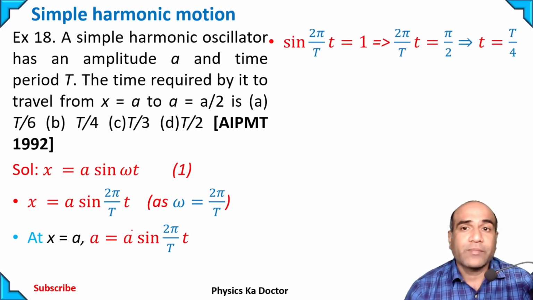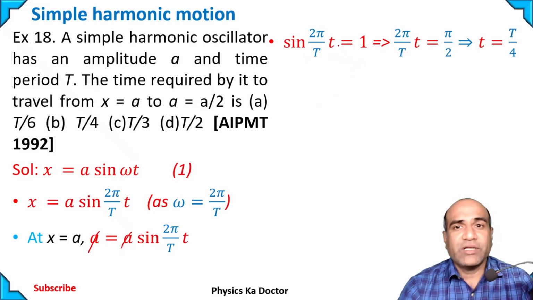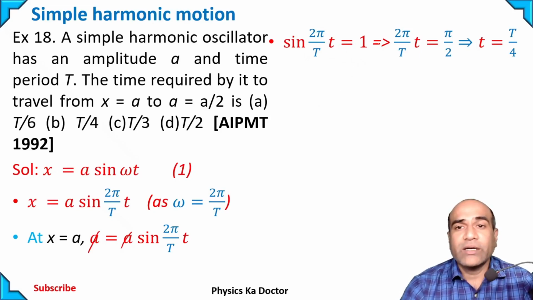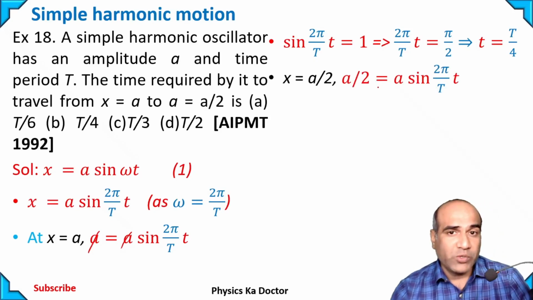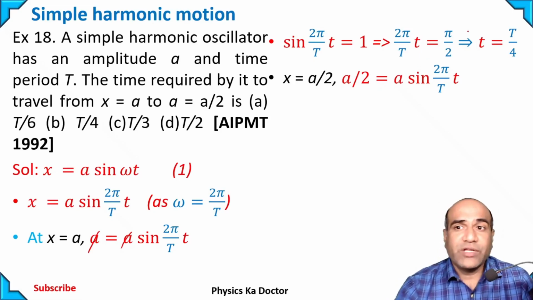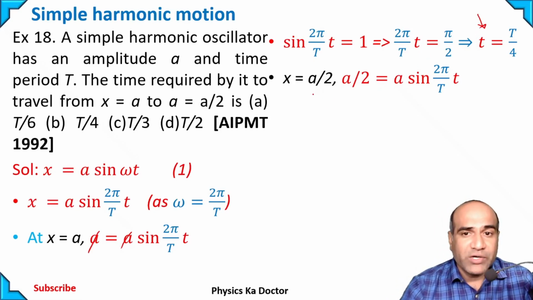Let's put it here, so A is cancelled. Sine of 2 pi by T t is equal to 1. So 2 pi by T t is pi by 2, and the solution is t equal to T by 4 initially, and x equal to A by 2.